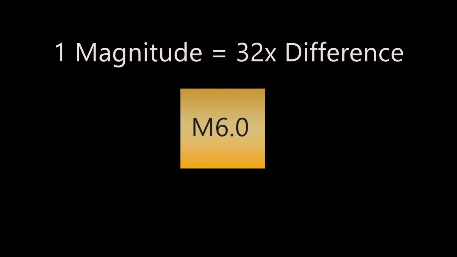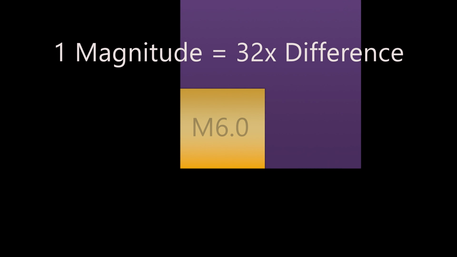It is important to realize how big the difference is in just 1 magnitude. Let's say this yellow square contains all the energy of a magnitude 6 earthquake. The difference in seismic energy with just 1 magnitude is 32 times.